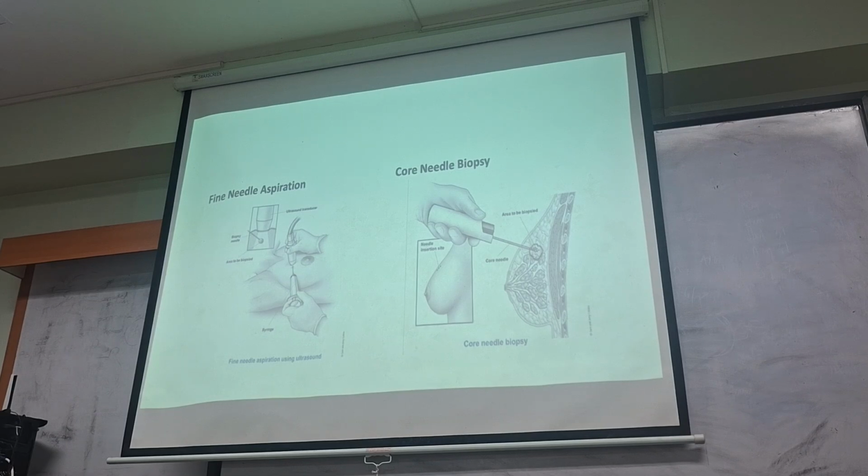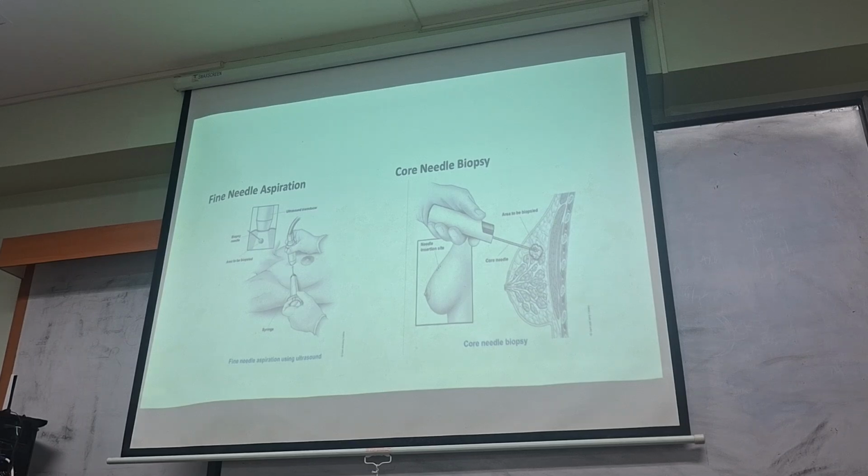So imaging is going to be paired up with biopsy techniques. Fine needle aspiration and core needle biopsy are the two, not really most common, but the two readily performed procedures here.